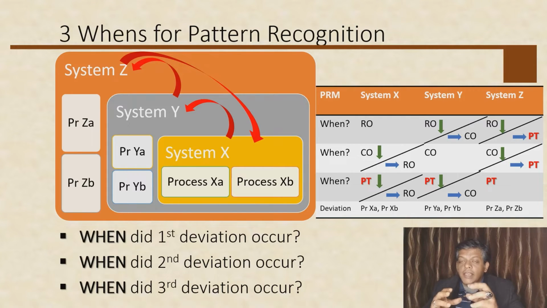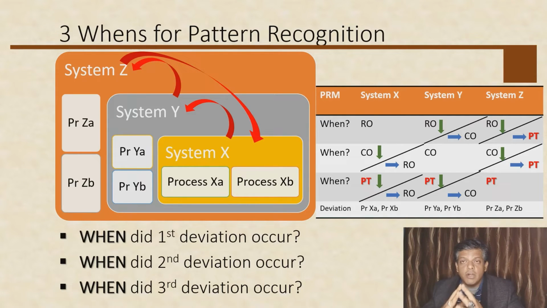Each of these processes will have their own interaction within the system, but outside the process definition, the systems also interact with each other, shown by the red arrow marks. So system X is interacting with system Y, which is interacting with system Z, and in turn system Z might be interacting with system X. There's this continuous interaction that goes on, and all these processes and systems together are assisting you in carrying out your routine operations.